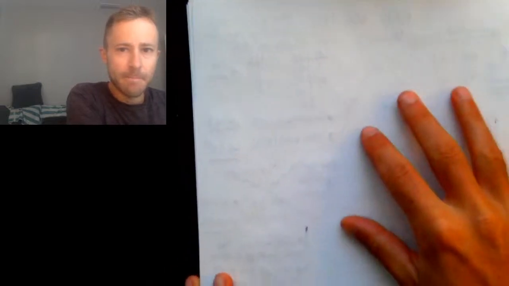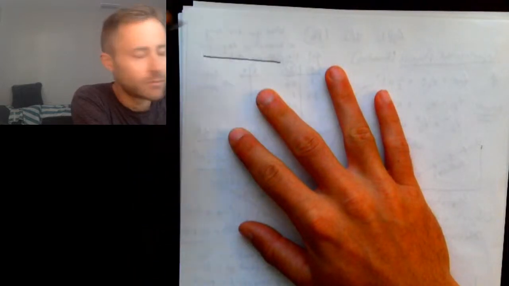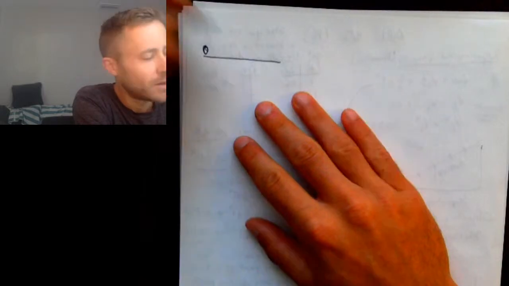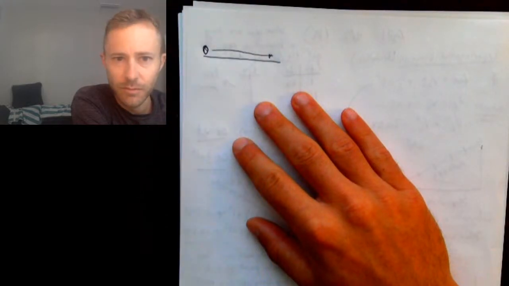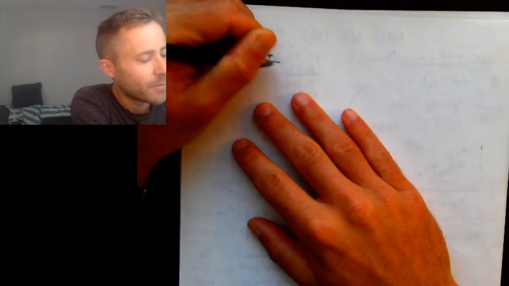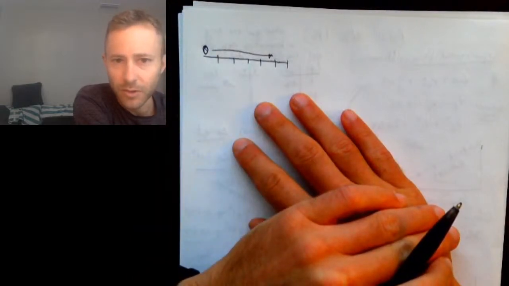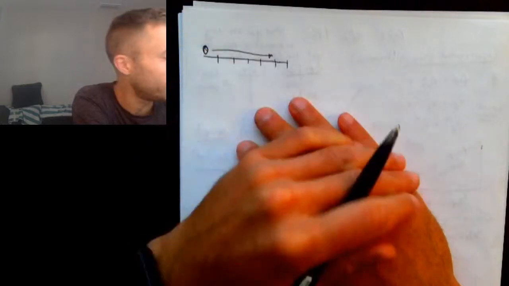So what if I had a ball that was rolling across a flat surface? I could do the same experiment. I mark out points along the ground and I record the time at which the ball crosses each point.